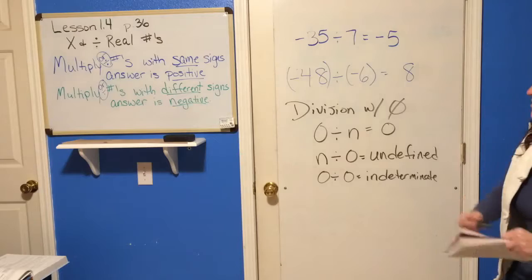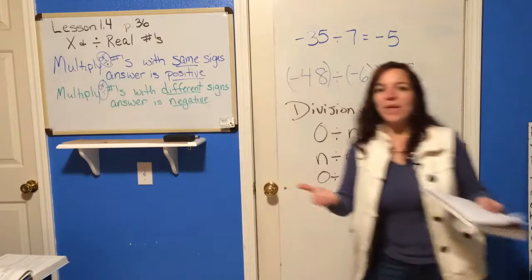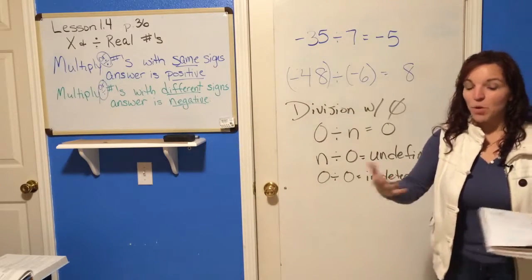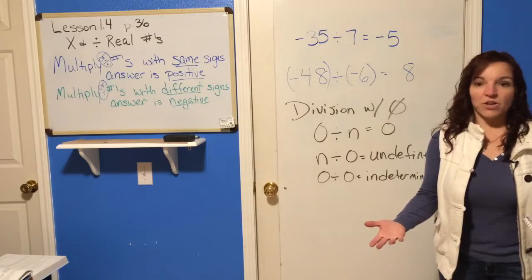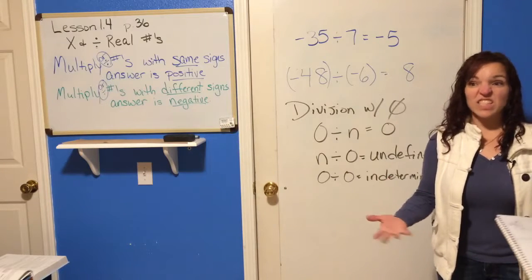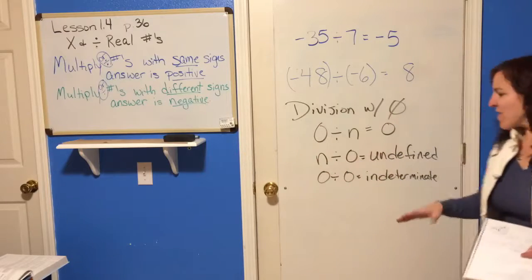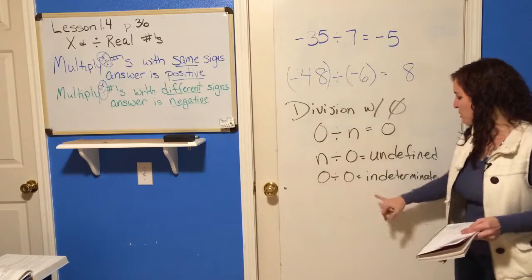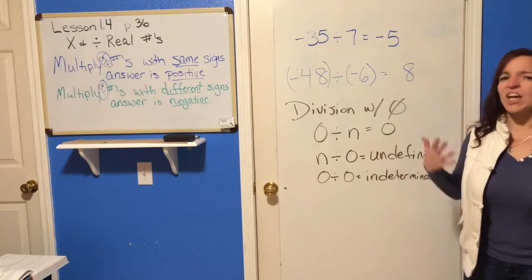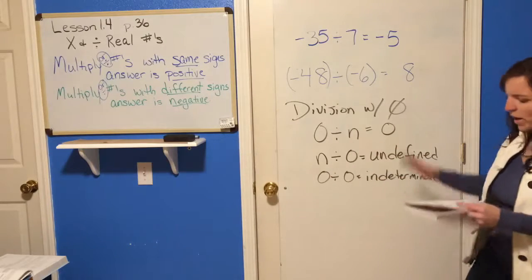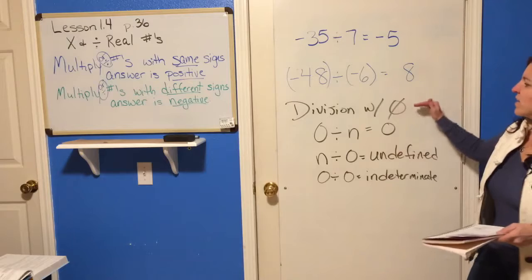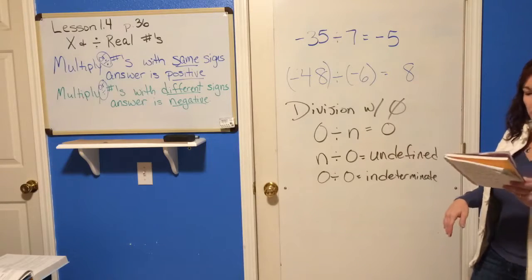The reason is if I took 0 pens and divided them into 0 piles, I could have 0 piles, but I could have 62 piles. I can have 62 piles of nothing out of nothing. So that's why 0 divided by 0 is indeterminate. You can't come up with an answer. All right, so those are the situations with 0.